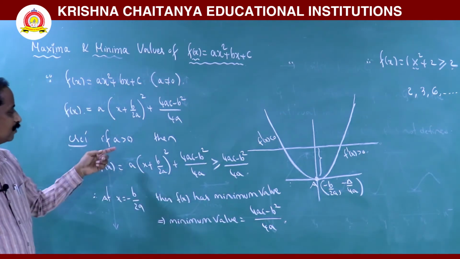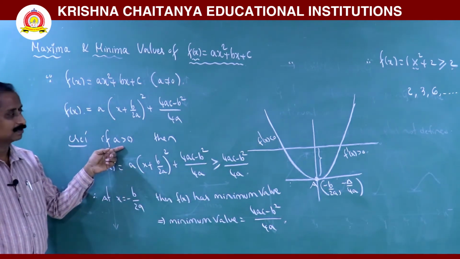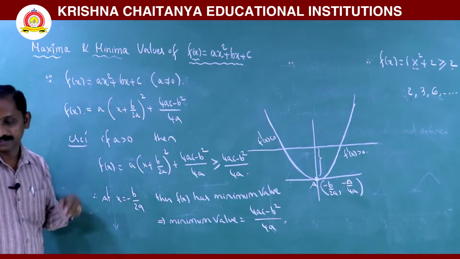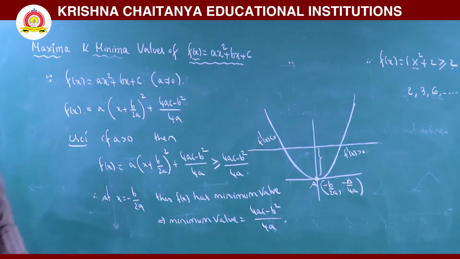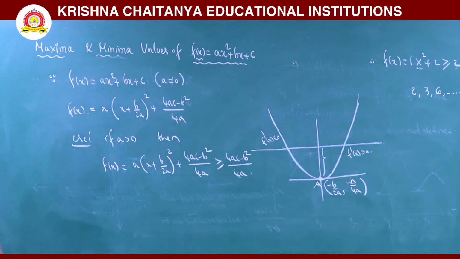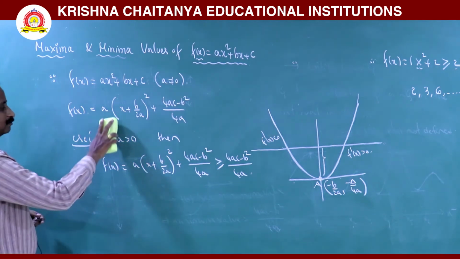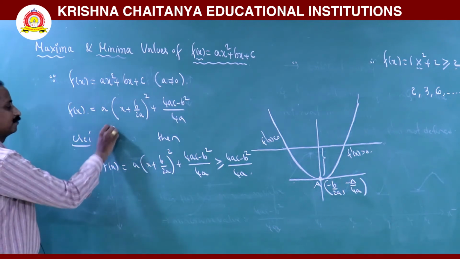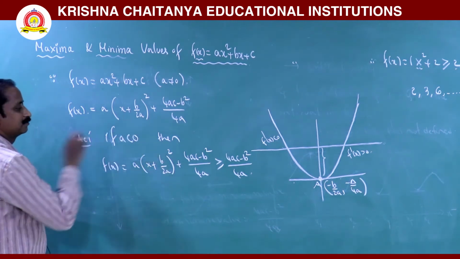Now, if a is negative, what is the maximum value and where does it occur? Let us consider a less than 0.